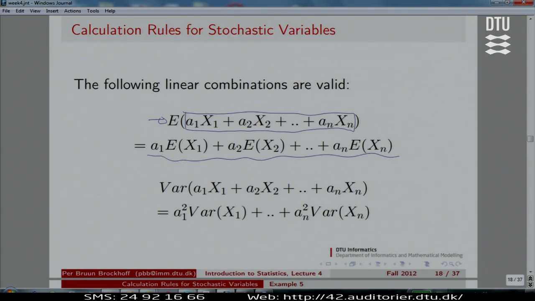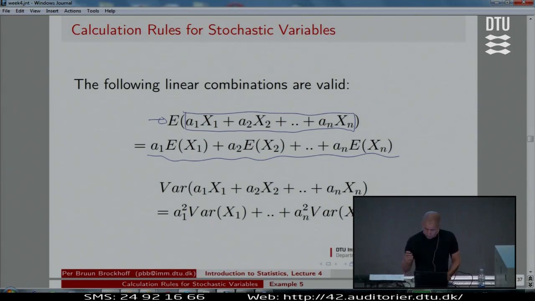Here is then the extension to the variance part. And that is actually maybe the really important part of this, because the first one we would just take for granted anyway, I would expect. But here's the very important one. How can we find the variance of a linear combination of many things?